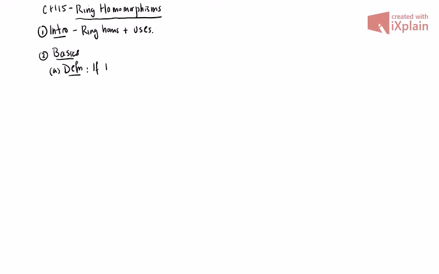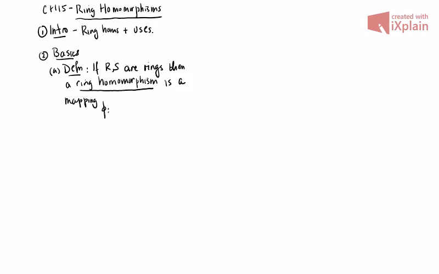So we'll say if R and S are rings, then a ring homomorphism is a mapping, let's say phi from R to S, which preserves both of the two operations, such that two things are true.